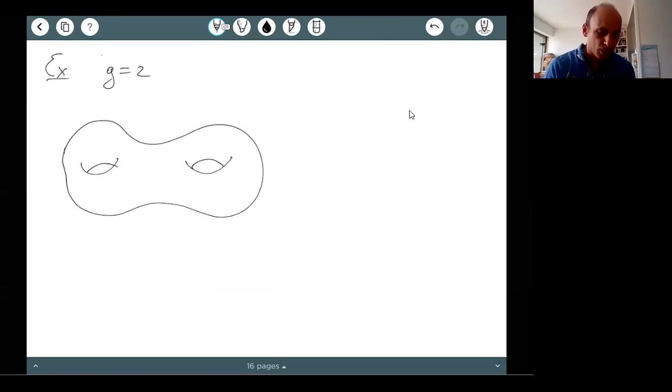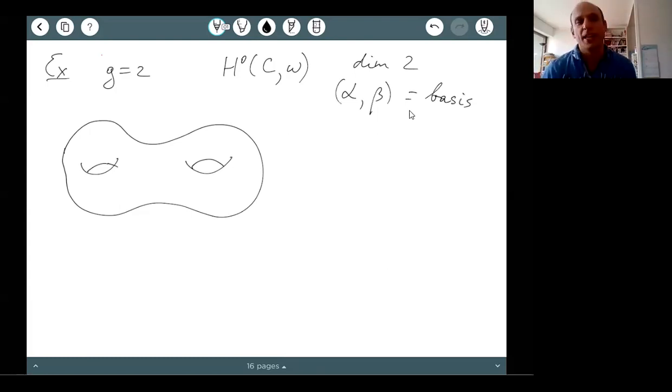On the genus 2 surface, the space of holomorphic differentials has dimension 2. So we can choose a basis alpha, beta. And every holomorphic differential has 2g minus 2 zeros, so 2 zeros in this case, which can be 2 distinct zeros or 1 double zero.